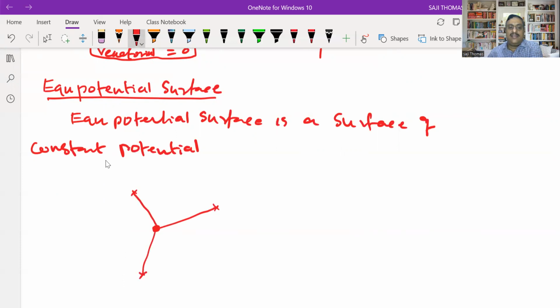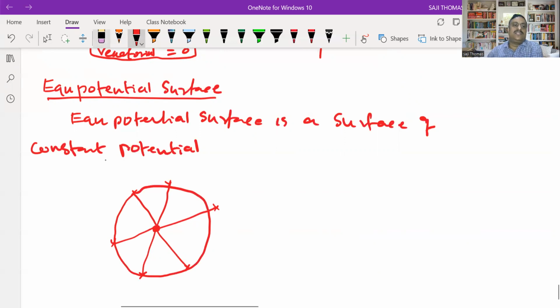Okay? At equal distance in all directions. So if you join all these points, you are getting a spherical surface. It is a sphere of radius r.